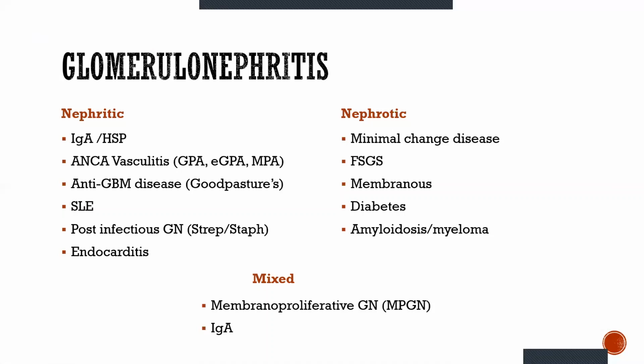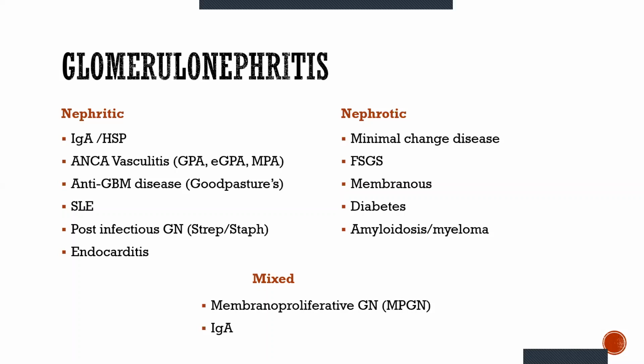ANCA vasculitis, like GPA, previously called Wegener's disease, EGPA, previously known as Churg-Strauss, anti-GBM disease, Goodpasture's, which can often have pulmonary involvement too, lupus, of course, and then post-infectious glomerular nephritis, which can be related to classically strep, but also staph infections. Endocarditis can cause an immune complex disease that deposits in the kidney, causing a GN.